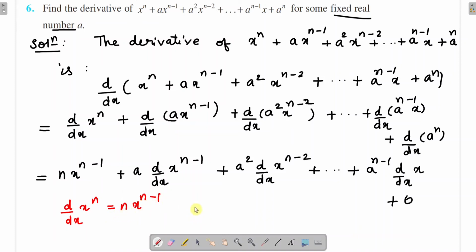Okay, so if you have a positive integer n minus 1, then what you will get? The derivative of x raised to n minus 1 will be n minus 1, right, multiplied by x raised to n minus 1 minus 1.